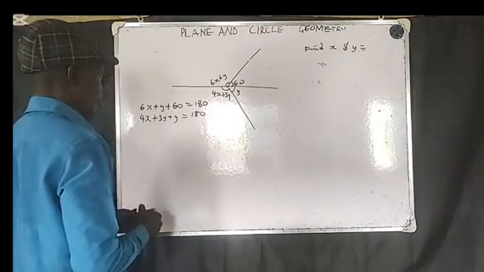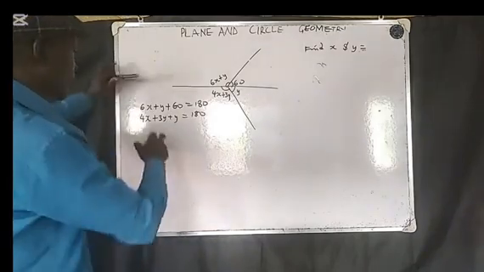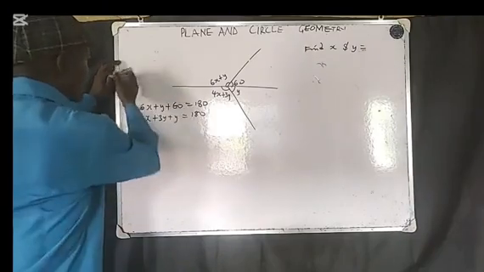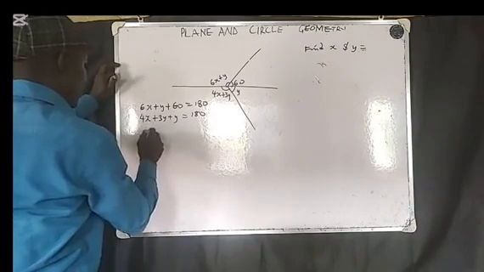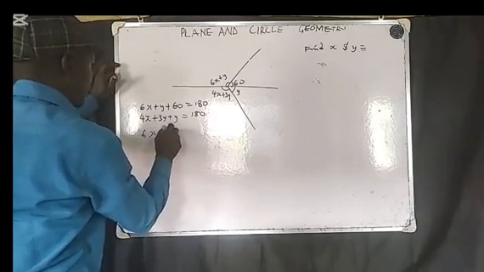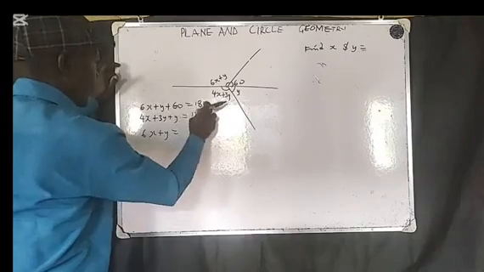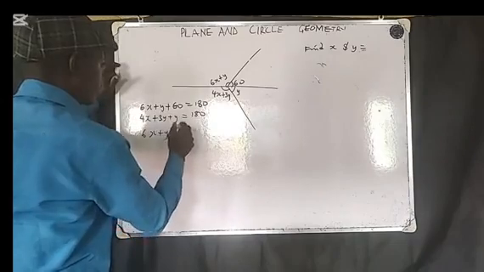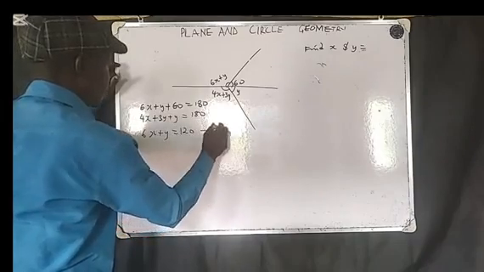Now let's reduce it to a single number. So we have 6x plus y equals, when this one comes here, it becomes minus, 180 minus 60. That will give us 120. This is equation 1.